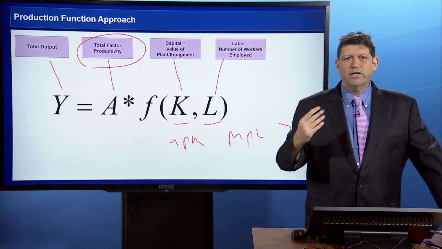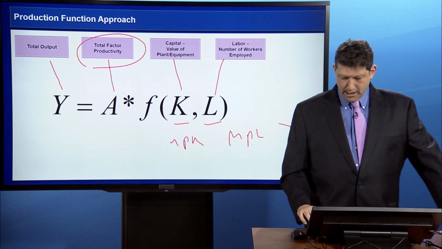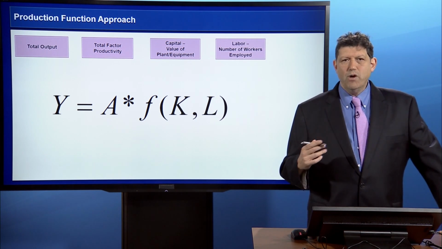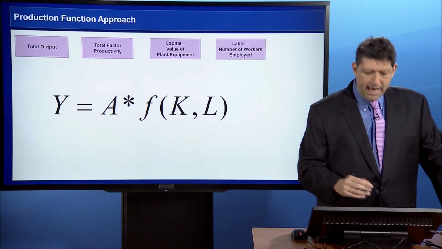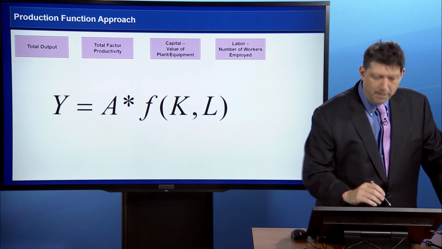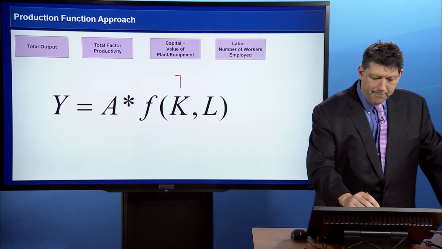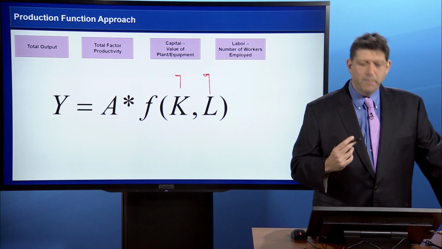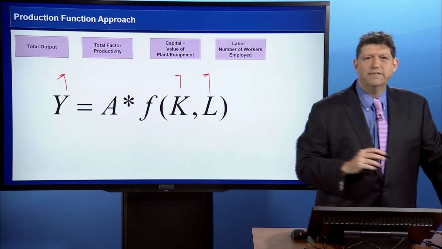The next thing that I want to remind you about is constant returns to scale. Now, the idea here is that if we were to increase, let's say, capital by 1% and also labor by 1%, the increase in total output would be exactly equal to 1%.